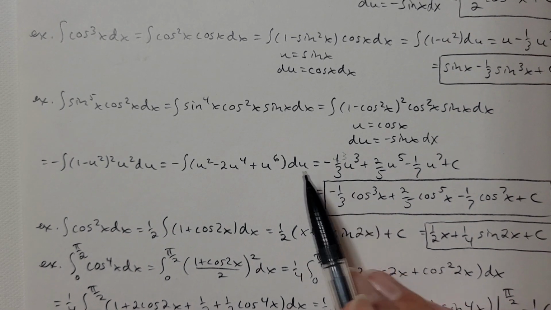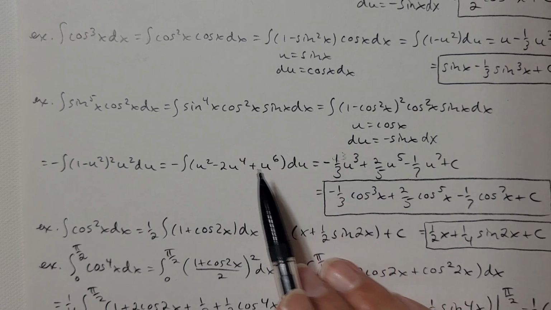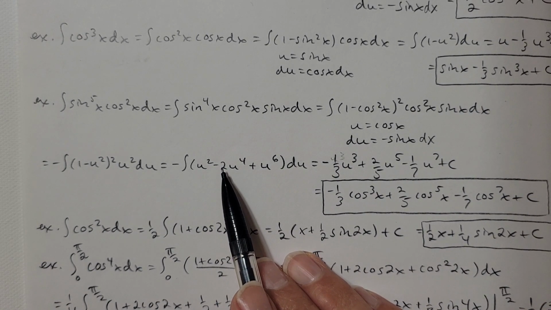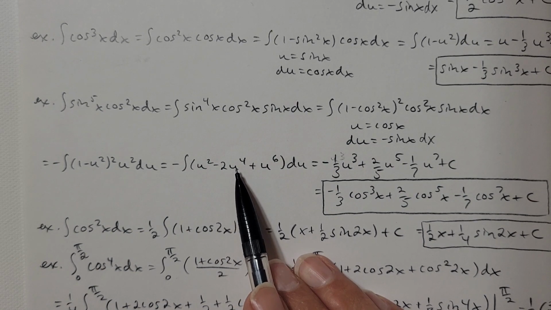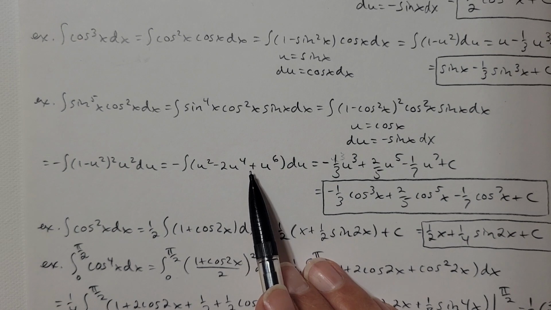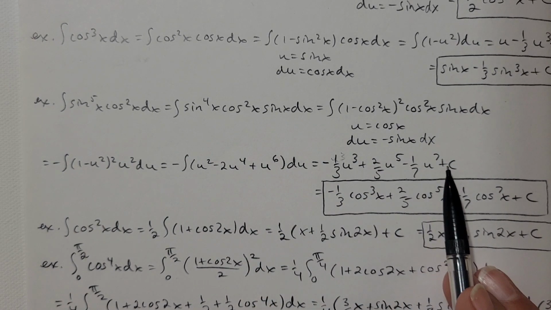Let me also bring in the negative into these three terms. So I'm going to have negative 1/3 u cubed plus 2u to the 5th over 5, and then minus u to the 7th over 7, plus a constant.